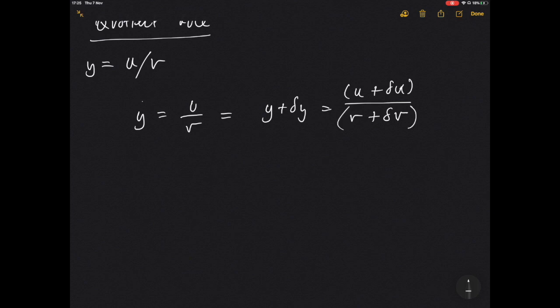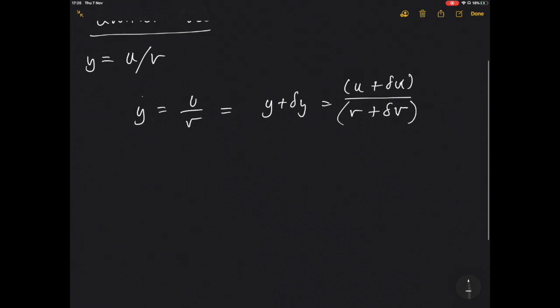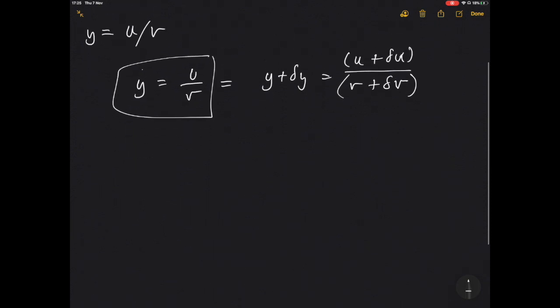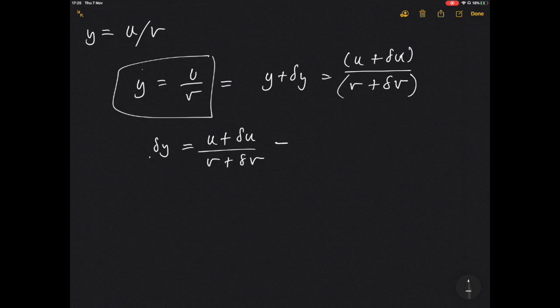Okay, so then we can say, right, if we know what this is equal to, we can say that delta y equals u plus delta u over v plus delta v minus our y from here, which is minus u over v.